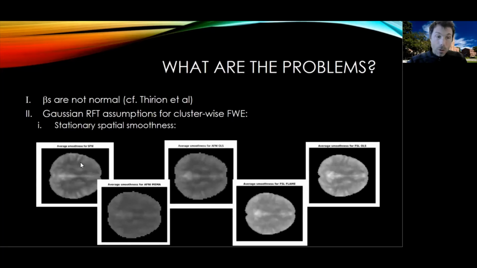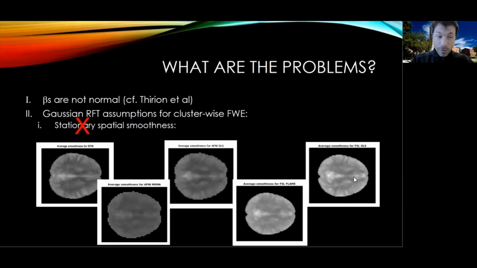And it makes sense, because cortex will definitely have a different smoothness than the white matter. But on top of that, different aspects of cortex, for example the precuneus area right here, and the medial prefrontal, have very different smoothness than many other parts of the brain. So this assumption is definitely violated.